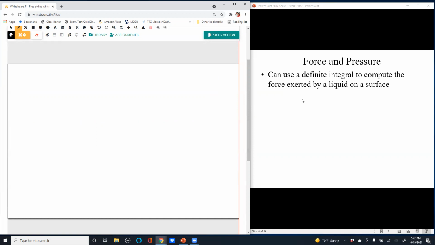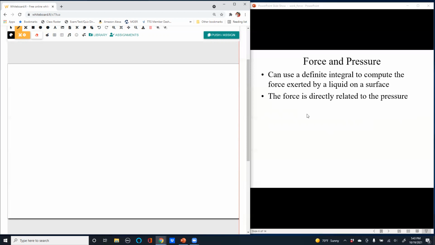We all have had experience in the water at some point, and we know that pressure of the water varies with depth. The deeper we go, the more pressure we feel. So we're going to look at how to take the pressure at a whole bunch of different points and sum it up to get the total force on the surface.